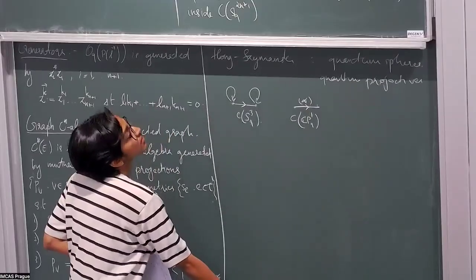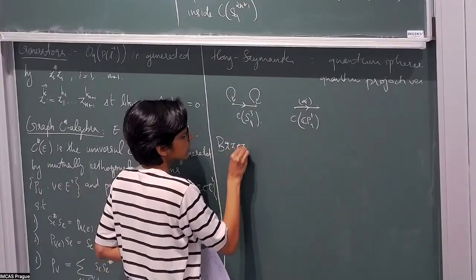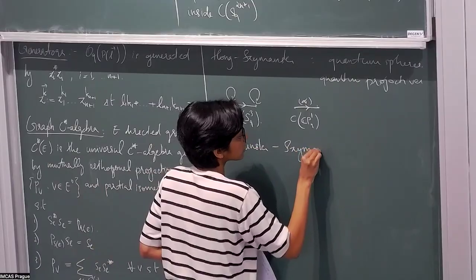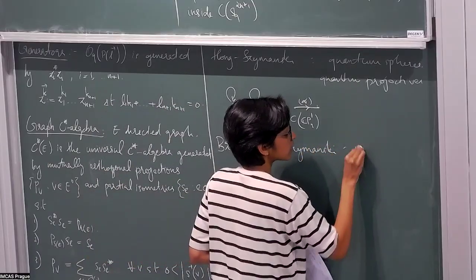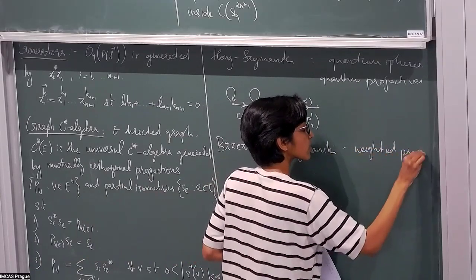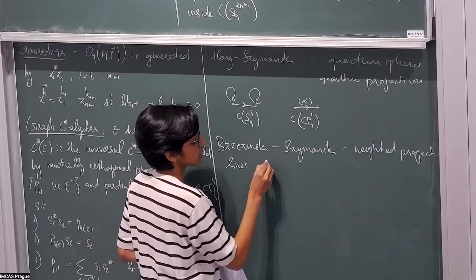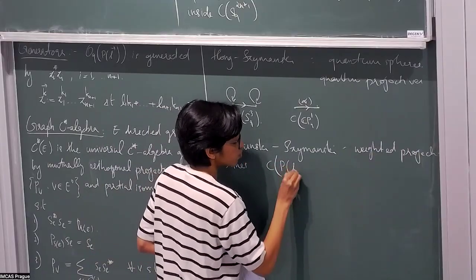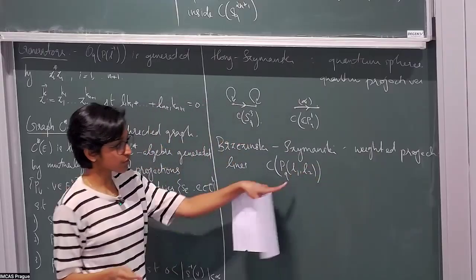And then also Brzezinski and Szymanski, they looked at weighted projective lines, quantum weighted projective lines, which is the same thing that we consider, but just with n equals 1. So you have just 2 weight vectors.